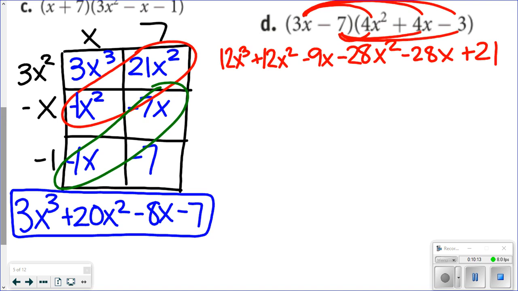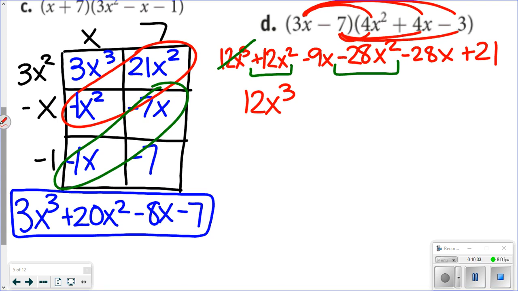And now we need to combine our like terms. So I have a 12x cubed, and I don't have any other x cubes. So that's done. And then we have 12x squared minus 28x squared.